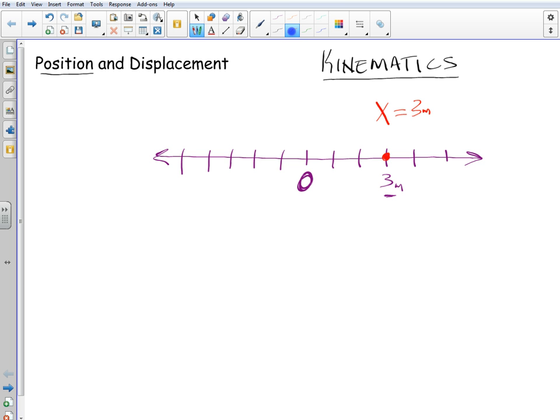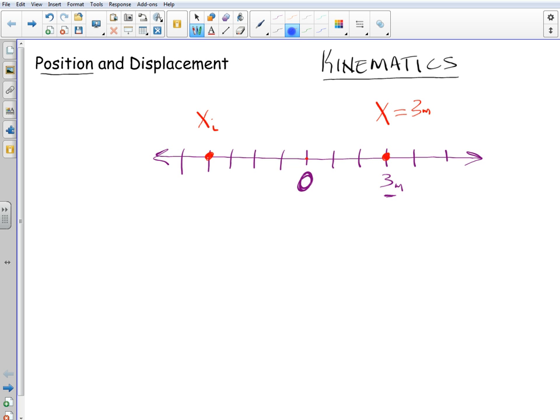So if I asked you, how far did it go to get to that point? Well, the answer to that question is, I don't know. It depends on where it started. And we might assume that it started here at 0, but it may not have. What if it started at this location and went from here? So we'll call this its initial position. Let me double check your formula sheet.